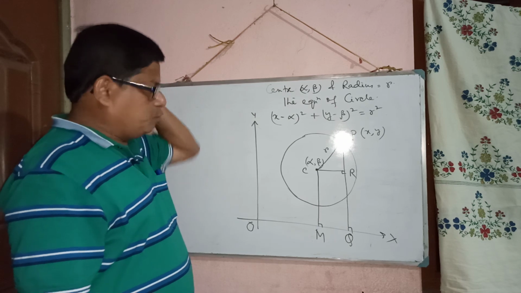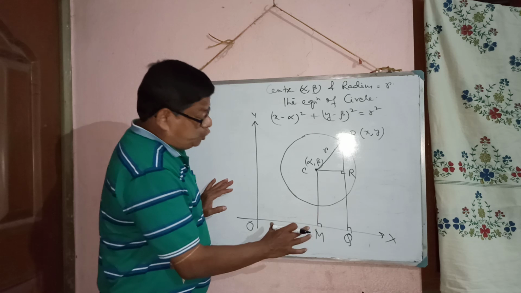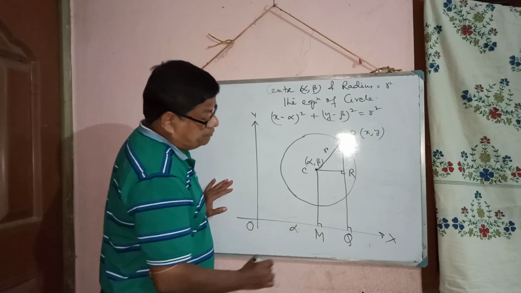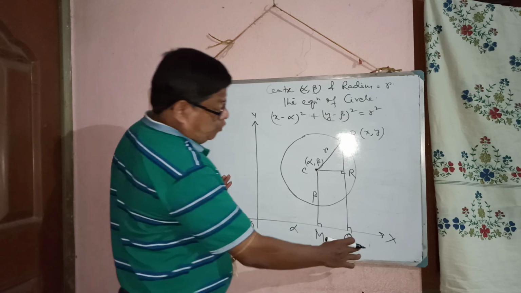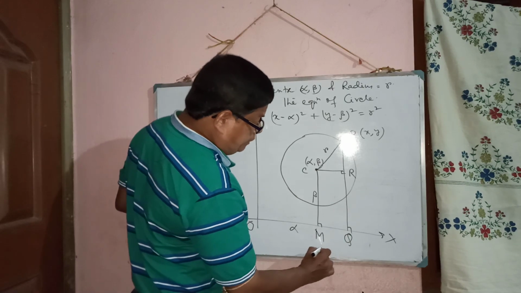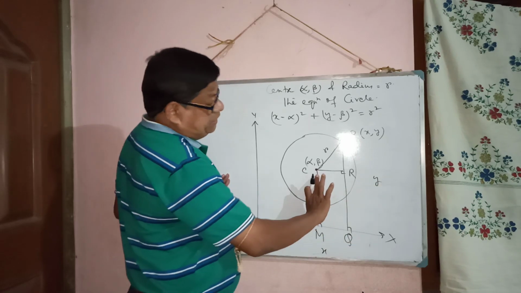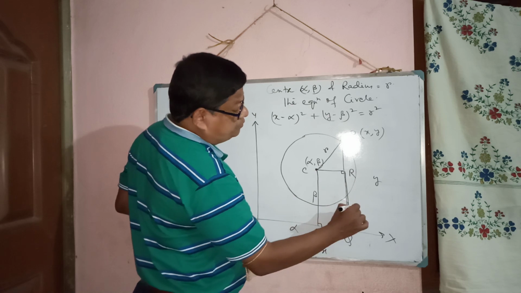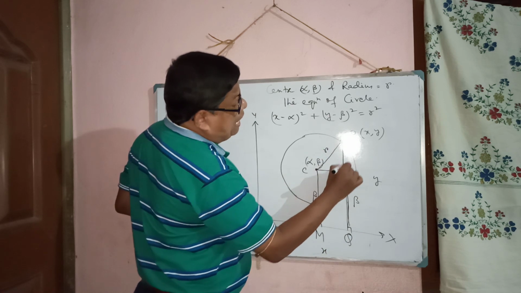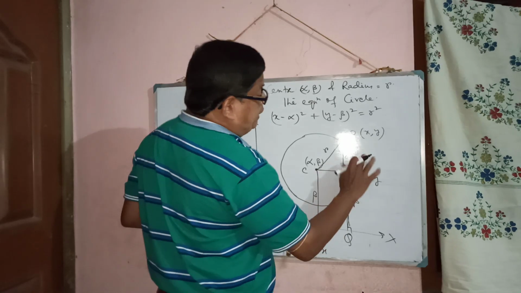Now, this is the center alpha beta, so this part will be alpha, this is beta. The whole part OQ will be x and PQ is y. This part is also beta, and PR will be y minus beta.